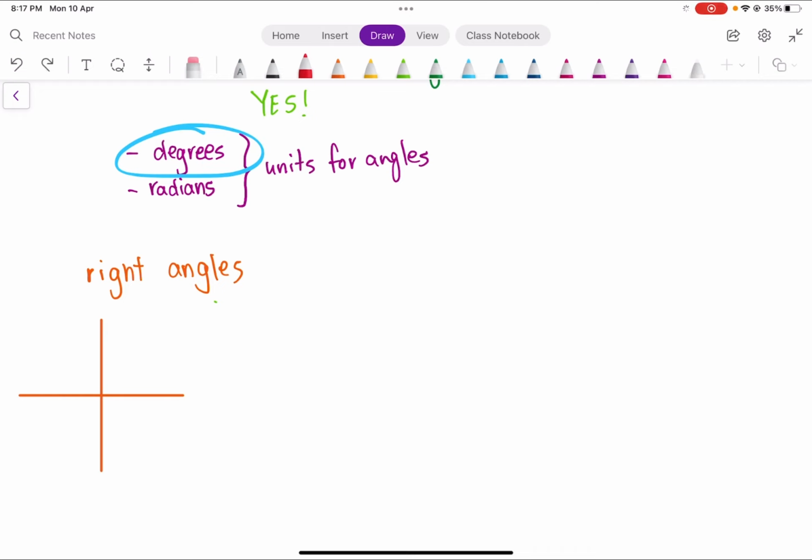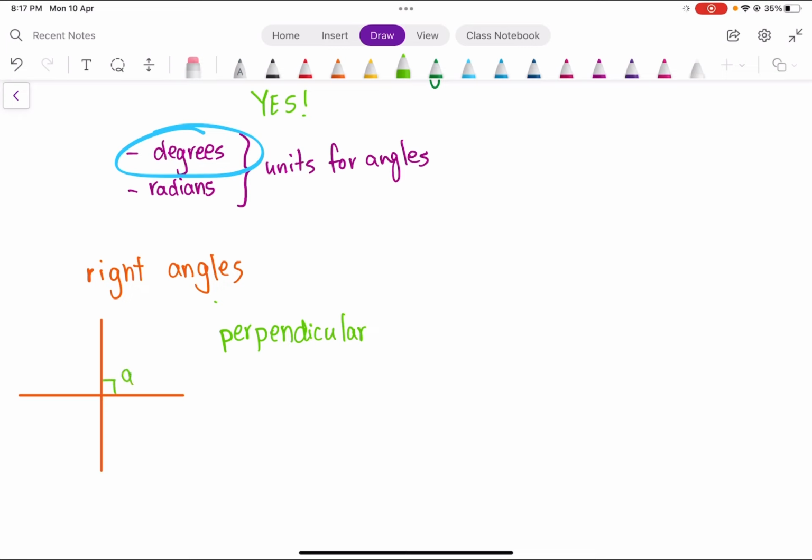Well, when two lines are aligned like this, we call them perpendicular. What perpendicular means is that whenever two lines are joined together, they form a right angle.